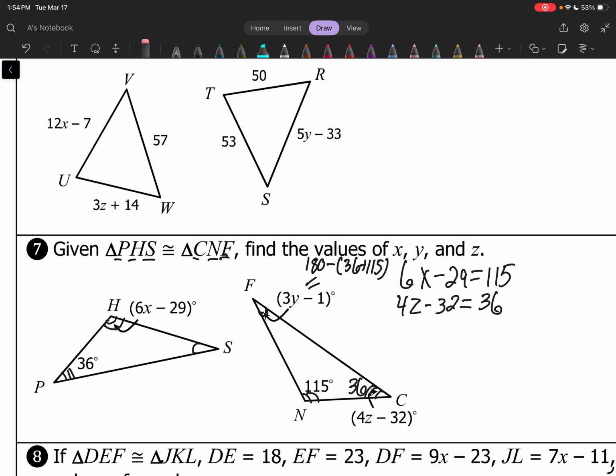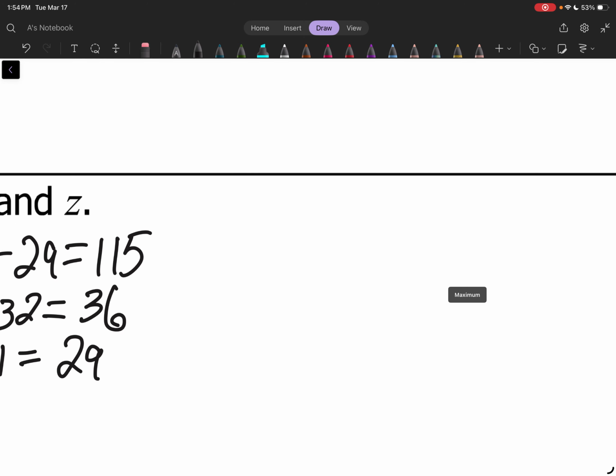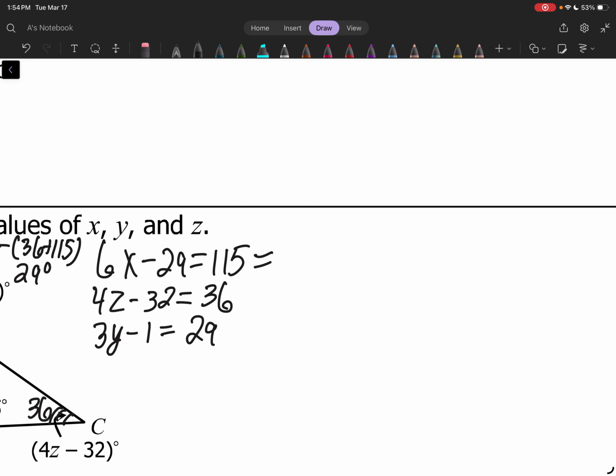That is going to be equal to 29 degrees. So 3y minus 1 equals 29.